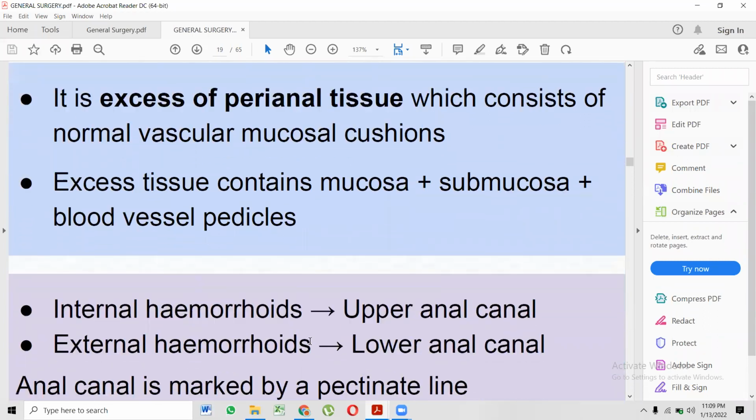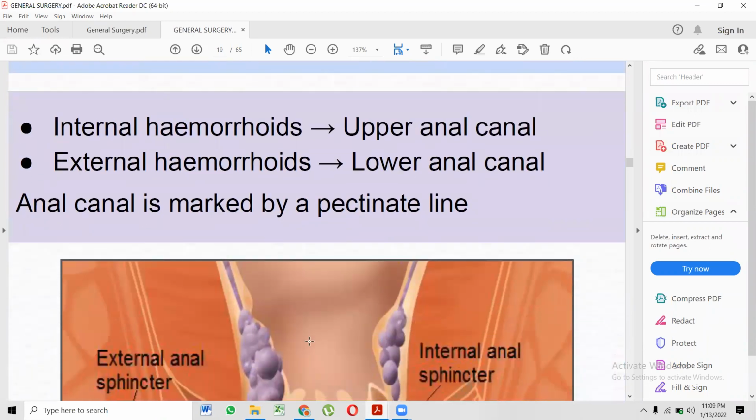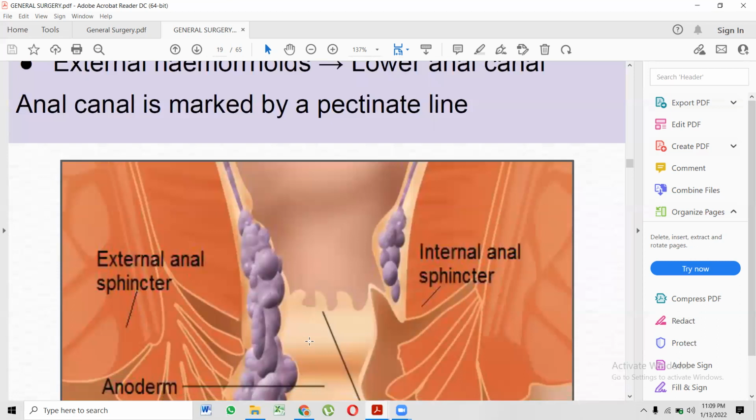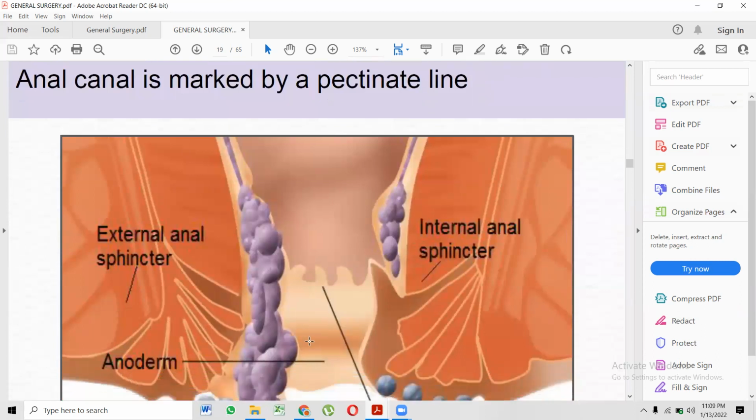There are two types of hemorrhoids. One is internal hemorrhoids and one is external hemorrhoids. As we have discussed previously, the lining of the enteric tract is columnar epithelium. Starting from the stomach, in the esophagus, the epithelium is stratified squamous epithelium.